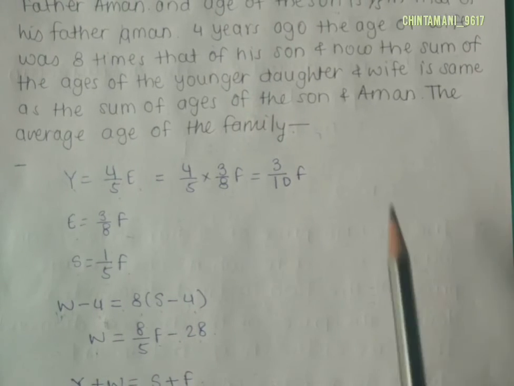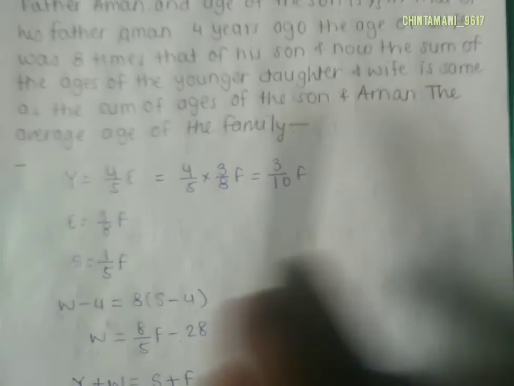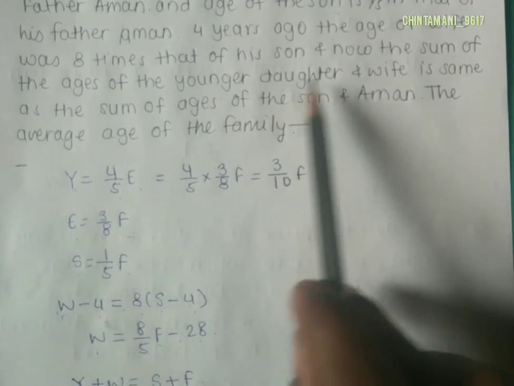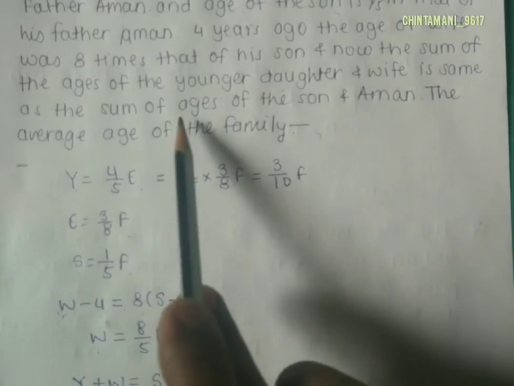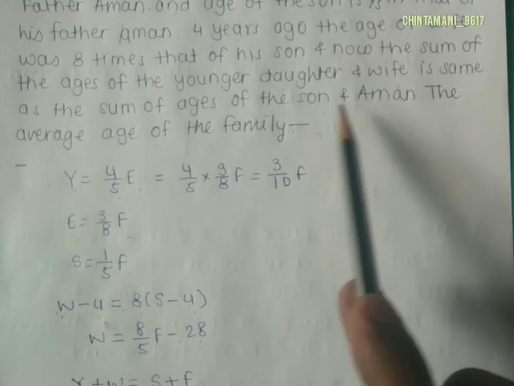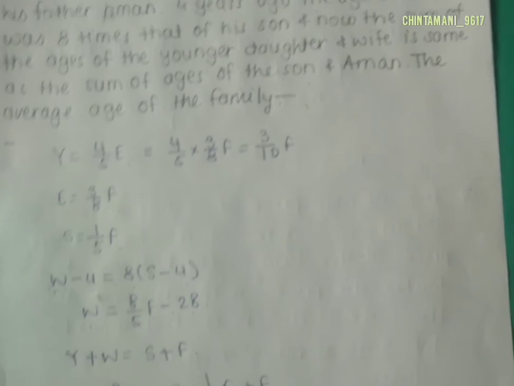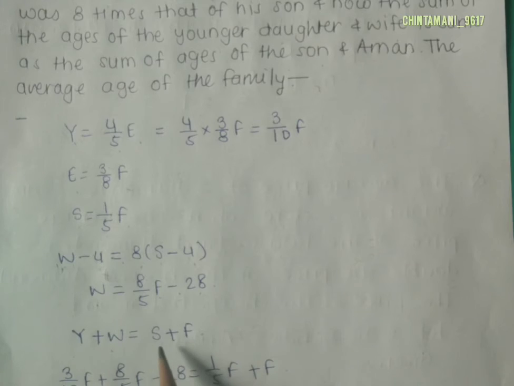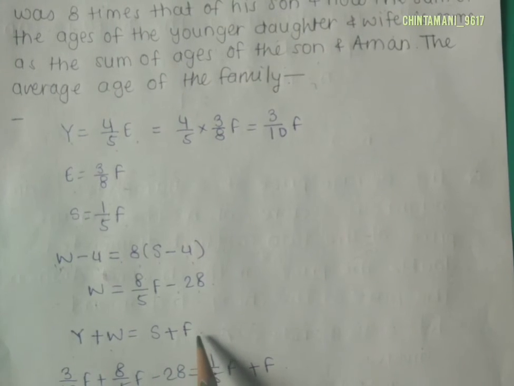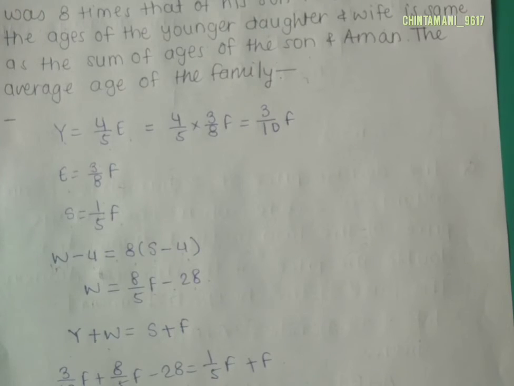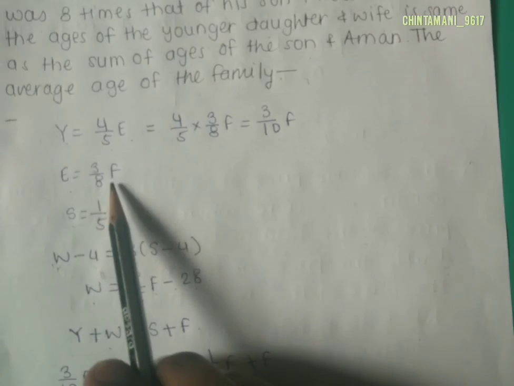Also we are given that the sum of the ages of the younger daughter and wife is the same as the sum of the ages of the son and Aman. So what is it? y plus w is equal to s plus f. So we substitute the values in terms of father f for simplicity; you can substitute by any method.